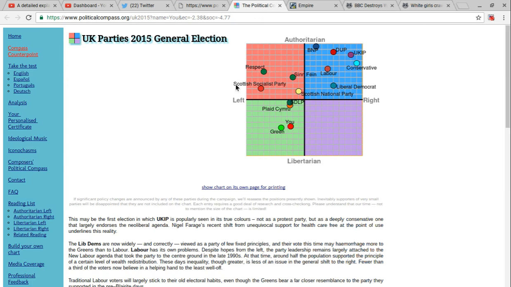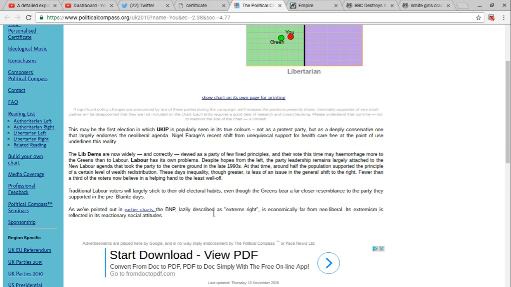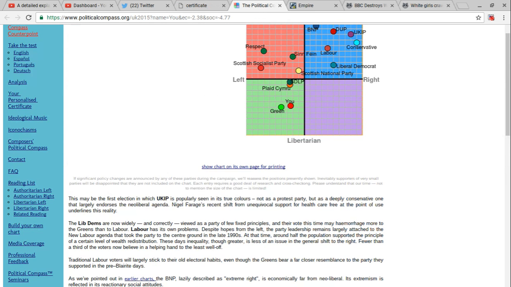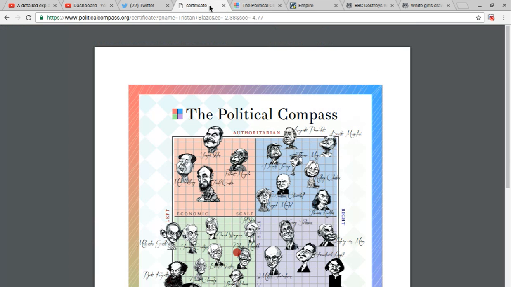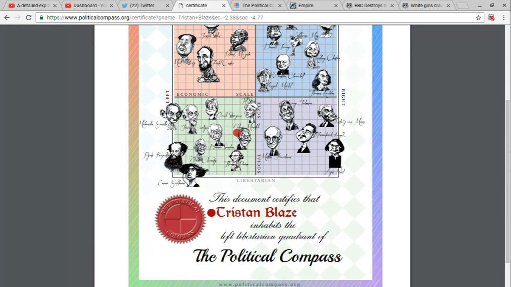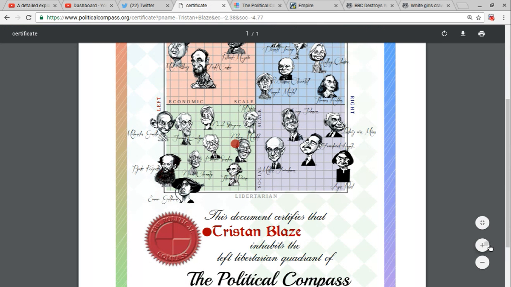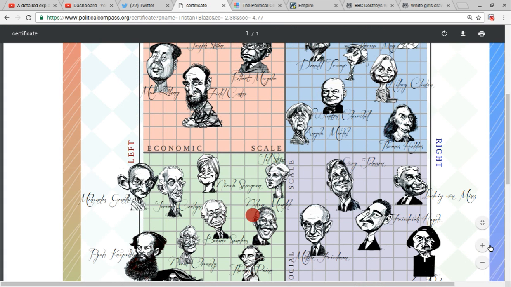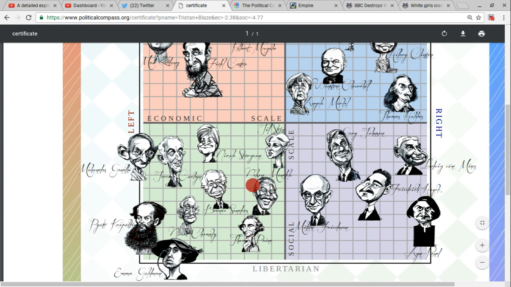So where would the... it doesn't say anything about the Greens in here. BNP lazily described as extreme right. Nah, really? Oh, so I'm close to that Mandela? Yeah, that's Mandela. And Gandhi is all the way over there.